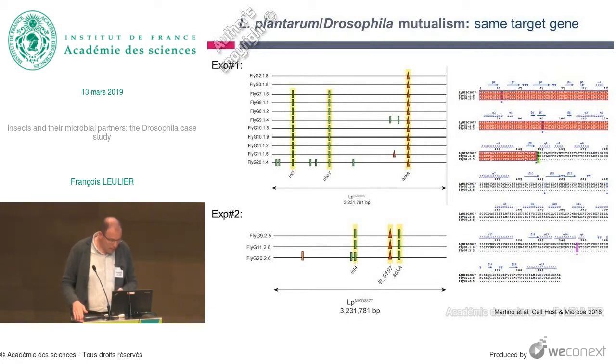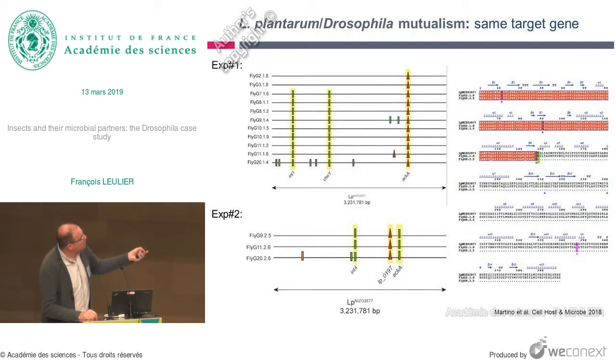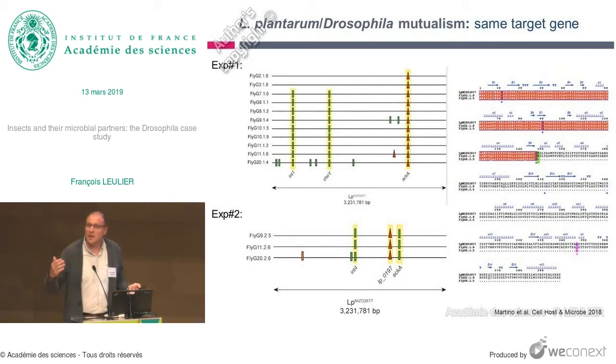And what was super exciting is that in the second experiment, we got other mutations, but again it was the same ACKA gene that was mutated. The interesting fact is that the mutation in the second experiment is a stop codon emerging very early in the protein, while in the other experiment, it's a single triplet nucleotide deletion, a 1 amino acid deletion. That seems to behave similarly to a loss of function genetic mutation.